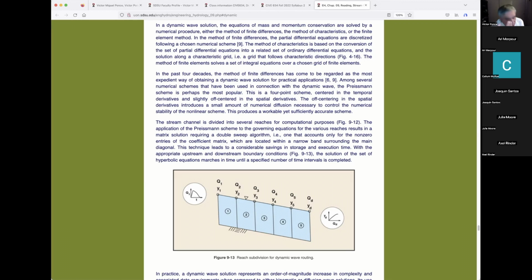The dynamic wave as a concept was there, but it was not until Danny Fread did his work in 1973 at Missouri Rolla that he said, this is the solution. I'm going to use the Preissmann scheme, and we're going to solve the dynamic wave, the complete Saint-Venant equations. He argued that once you solve the dynamic wave, you didn't have any business solving the kinematic or diffusion waves because they were lower order.